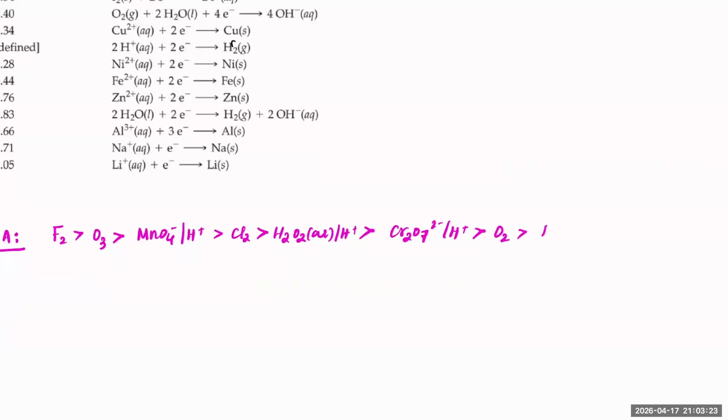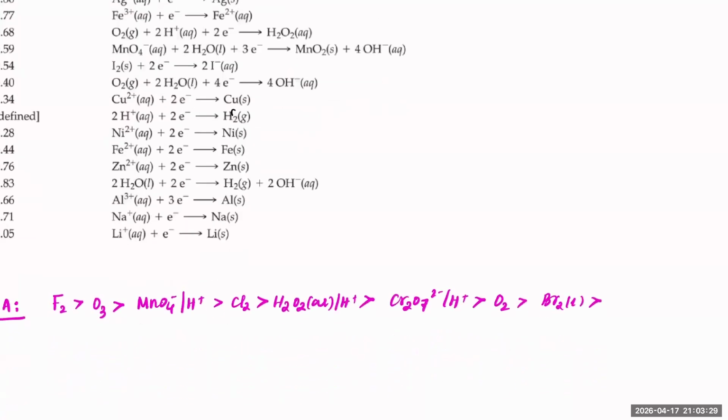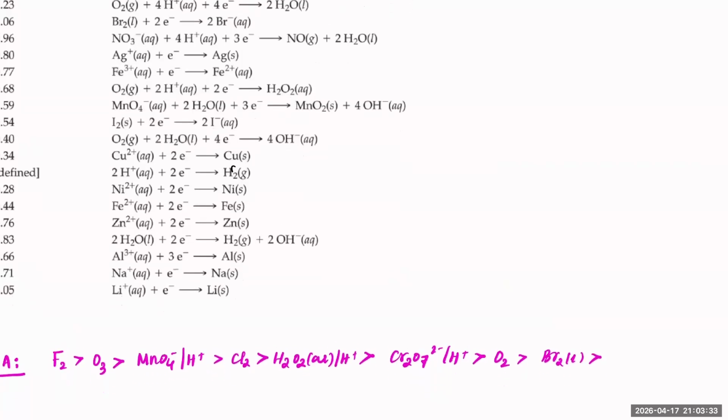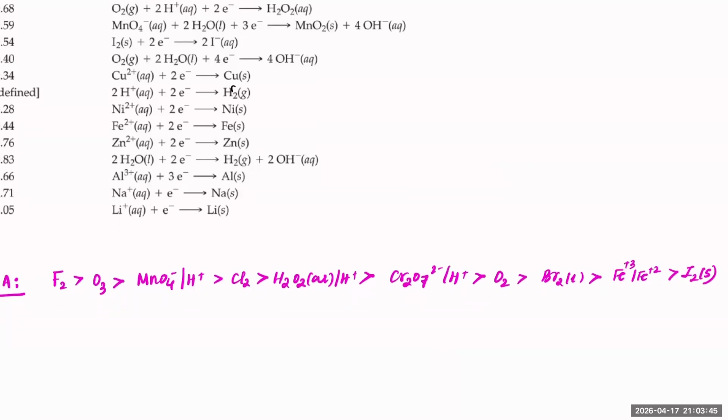And then we have liquid bromine, correct? And thereafter NO3 minus, and then Fe3 plus to Fe2 plus, and that is greater than solid I2. So this much is the list.